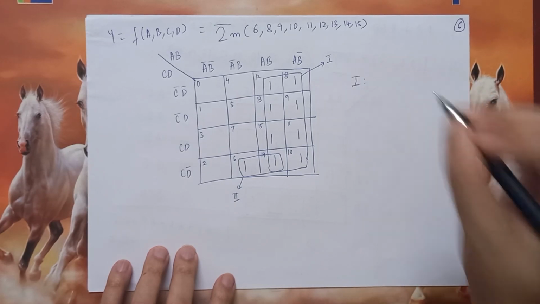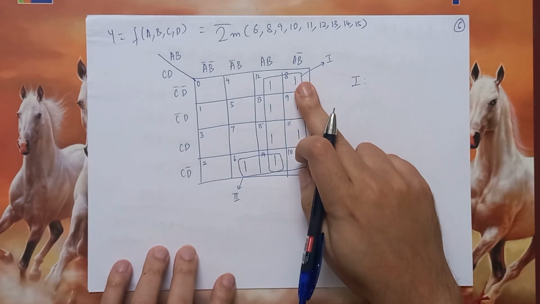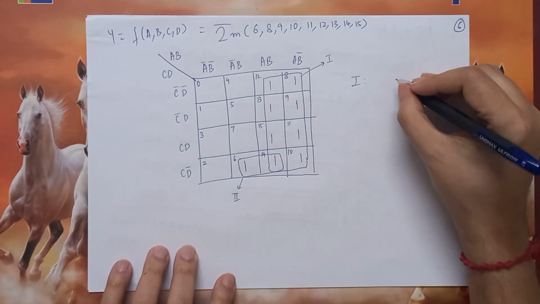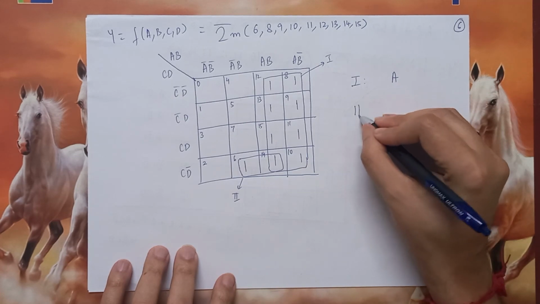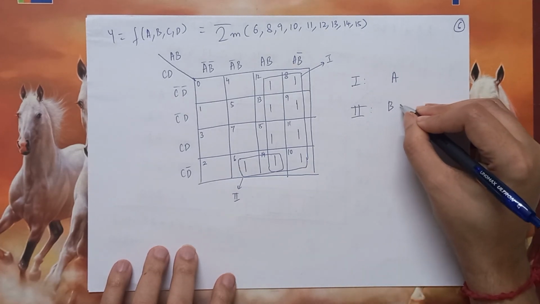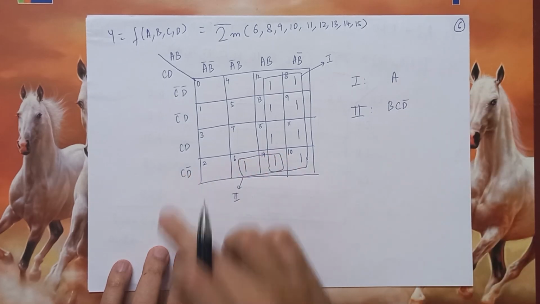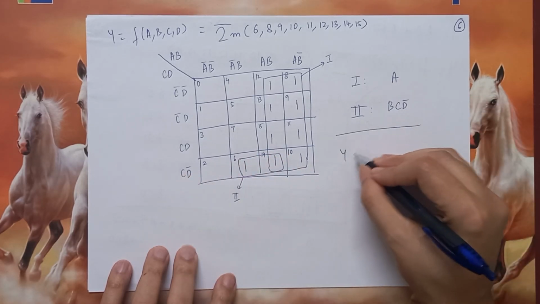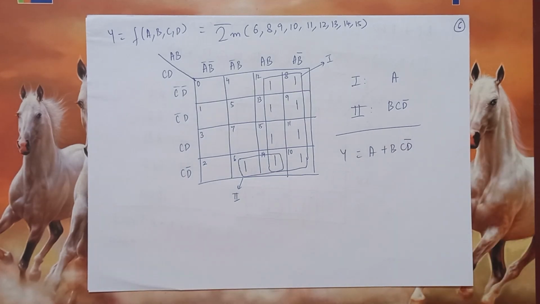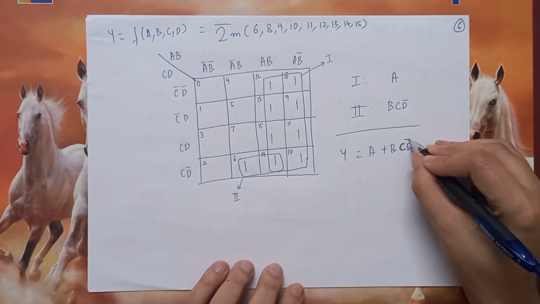So corresponding to group 1, the expression will be what? The common term in this group is only A. And group 2 will be B, C, D bar. So therefore Y will be A plus B, C, D bar. C is outside.